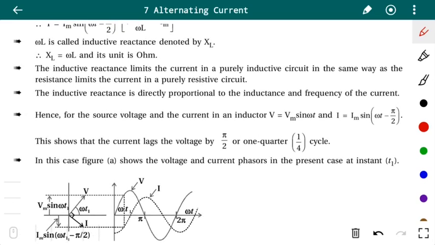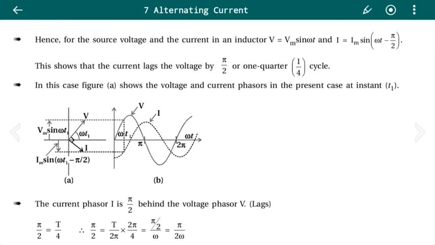Hence for the source voltage and the current in an inductor, V equals Vm sin omega t and I equals Im sin omega t minus pi by 2. So this shows that the current lags the voltage by pi by 2. Figure A shows the voltage and current phasors in the present case at instant t.